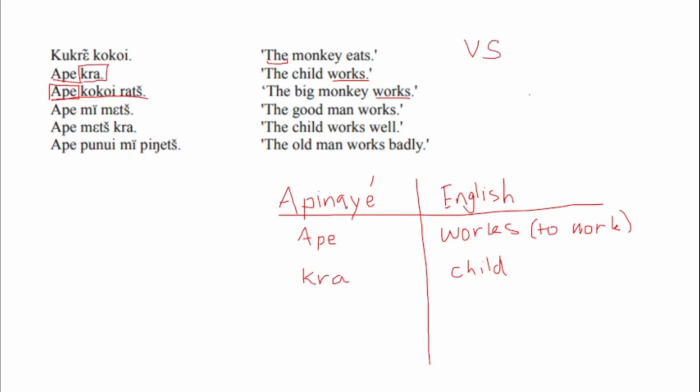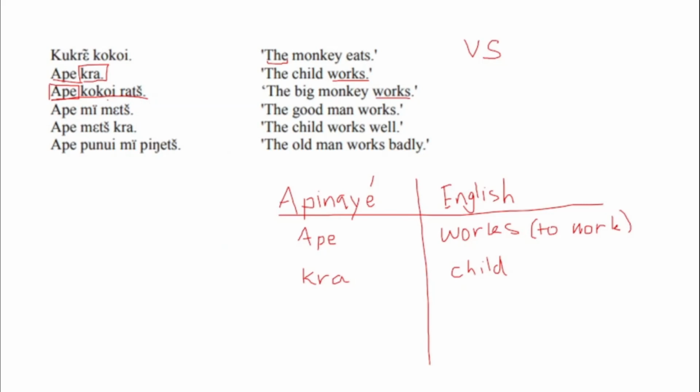We don't know where the object comes because I don't think any of these sentences have an object. In English it's subject, verb, object, but here it's verb, subject, and then maybe object after or before, but we don't have any clues for that. So now that we know the order of the language, we can move on and continue going through these sentences.